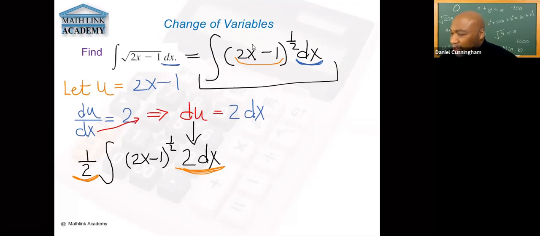So in this case, this is going to equal, I'm going to write this in blue in terms of u. My outside is 1/2. That 1/2 came on the outside of the integral because I want to balance out that 2 I put in there. This would be u to the 1/2, and this would be du, because this is what du is equal to.